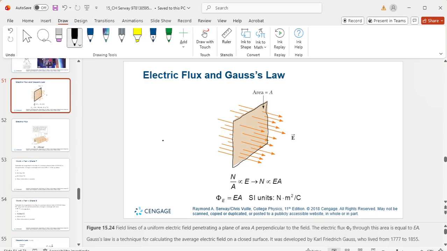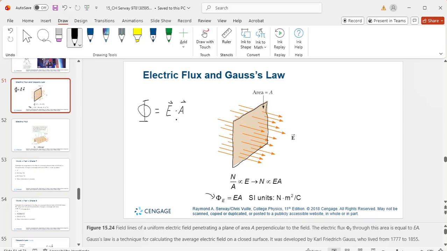Now, I'm going to draw this equation a little bit bigger over here. The entire idea of flux, we give it the Greek symbol phi, is the product of the field times the area. Notice that I'm putting vector symbols here.